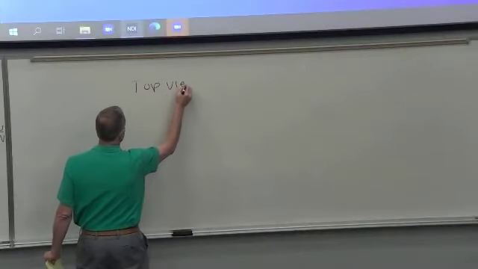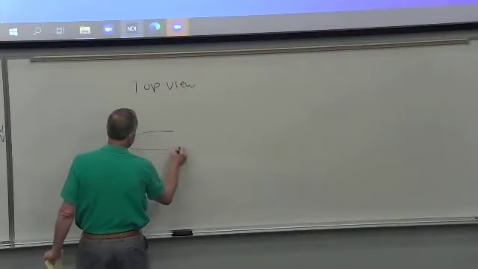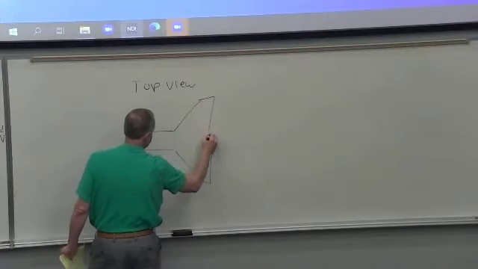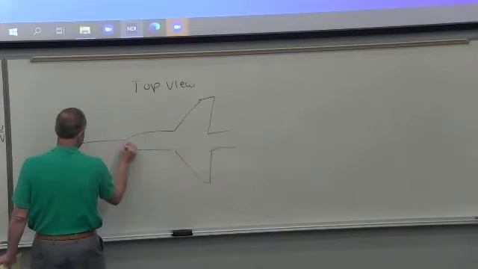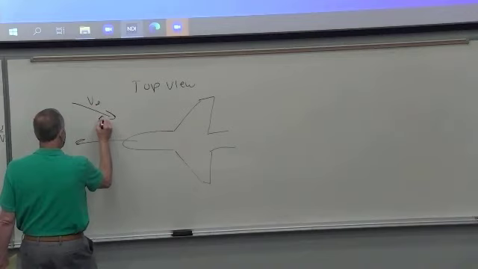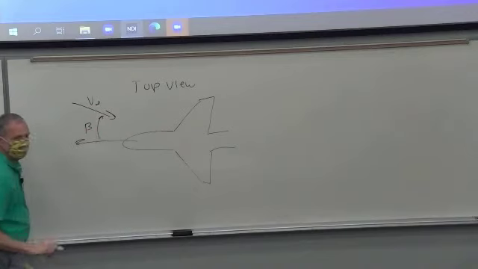So if we have a top view, here's our airplane. Relative wind's coming in like this. This is the angle beta.